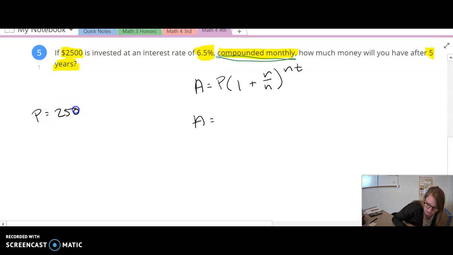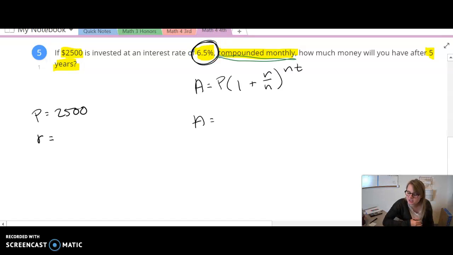That's what we're going to start with, and that's 2,500. Then our rate, well, that's that percentage. One thing that you can always do is that our percentage is always going to be the rate. It's just that we have to convert it to decimal form.